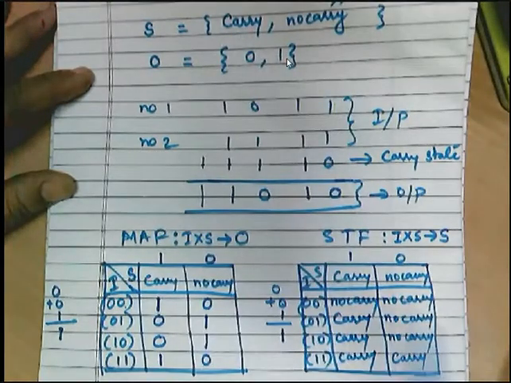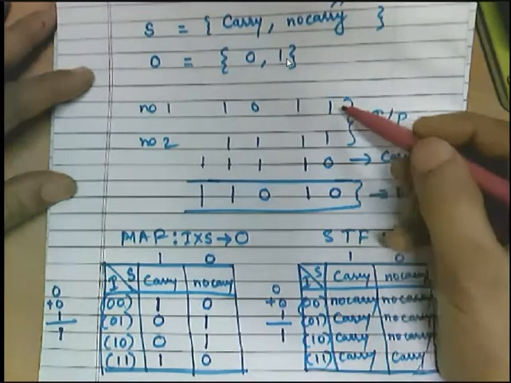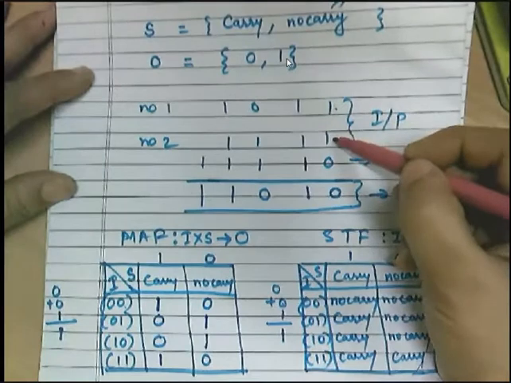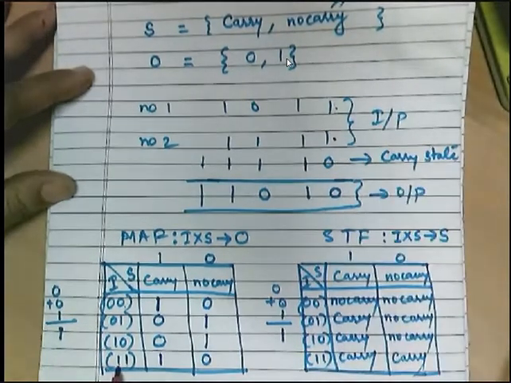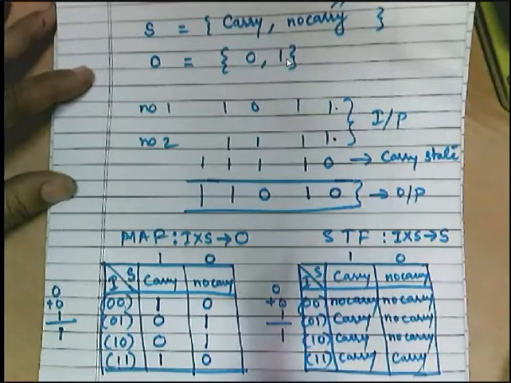Now we want to verify whether this table will correctly give us this output or not. Now see here, very first combination 1 plus 1. Initial state is no carry state. So see this one. 1 plus 1, initial state is no carry. What output is generated? 0.